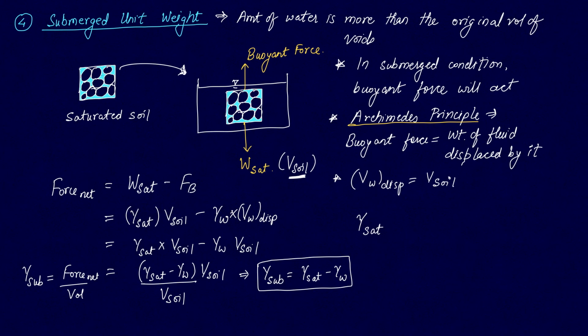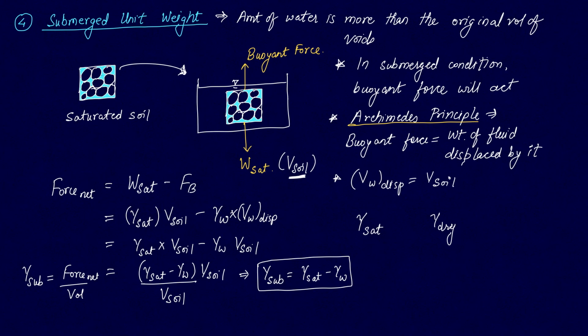If we compare it with gamma dry, in the dry state the weight of water will be absent, hence the overall gamma will also be lesser. And if we now compare the two remaining, the first one was the gamma bulk, and the bulk is in the present state. The present state can even be the dry state, or the present state can even be the saturated state.